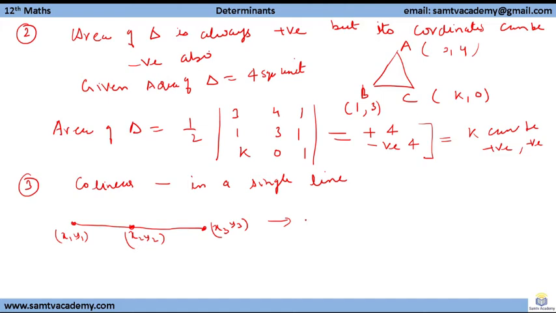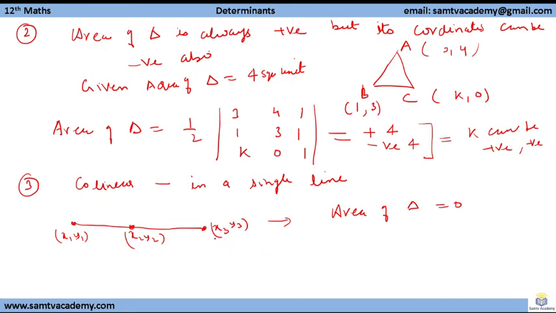So when this is given, you always have to remember, while finding any coordinate value, that as the points are collinear, they will not form any triangle, so the area will always be equal to 0. The area of that triangle will be 0, because it is not going to make any triangle.